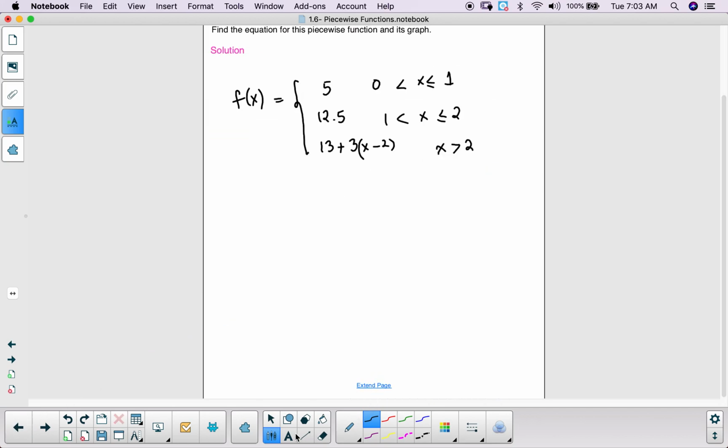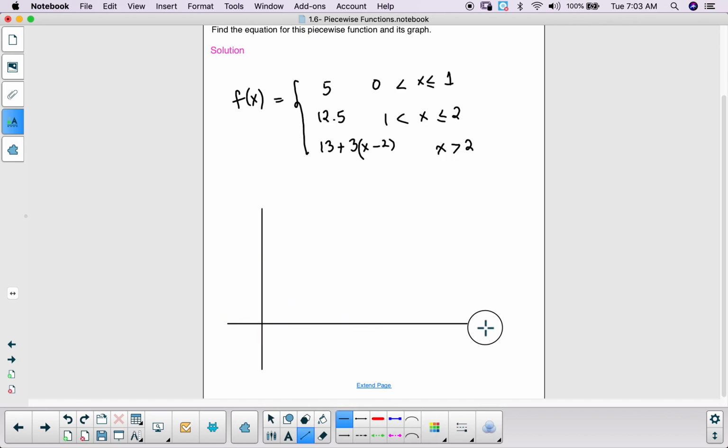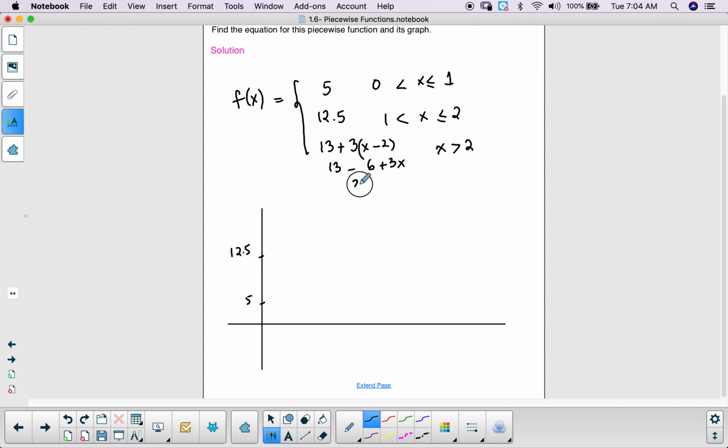So one part is where it's 5, and then it's flat for 12.5, and then it starts to go into a straight line. So this one would be 13 minus 6 plus 3x, so it would be 3x plus 7.